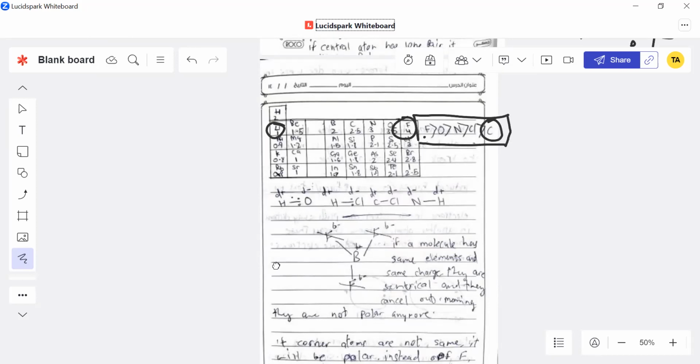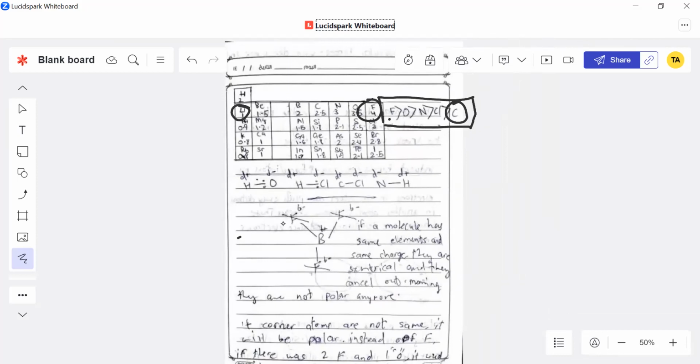So I have a few bonds right here. All of these are polar. Why is it polar? Because I have 2 different atoms with 2 different electronegativities. Hydrogen has an electronegativity of 2, whereas oxygen has an electronegativity of 3.5.